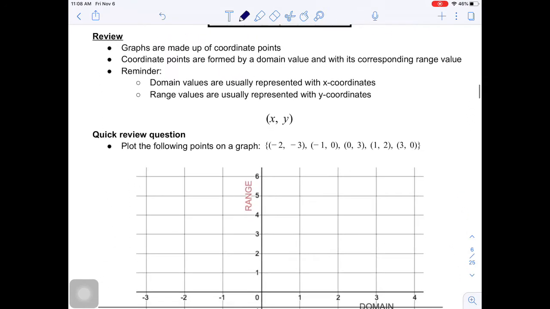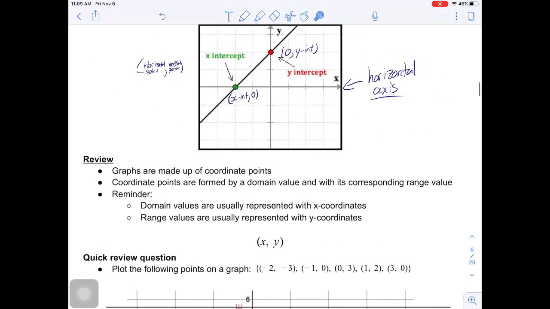So let's review here. We want to review graphs. This is something you've done before in grade 9. So it's all about coordinate points. I've been referring to these as ordered pairs, and that is true. But when we specifically talk about a graph or a function, specifically graphs, we actually are calling these coordinate points.